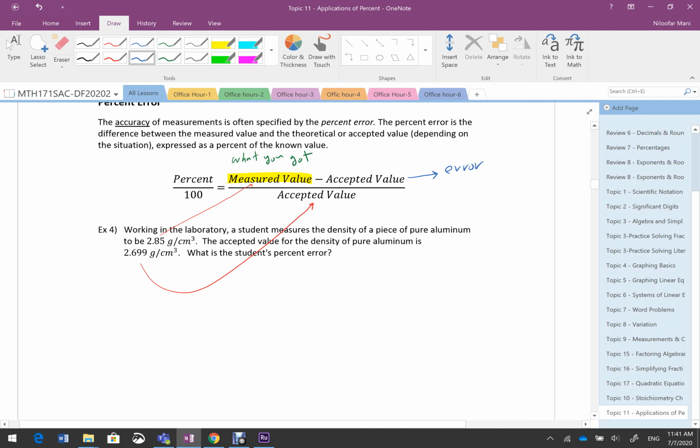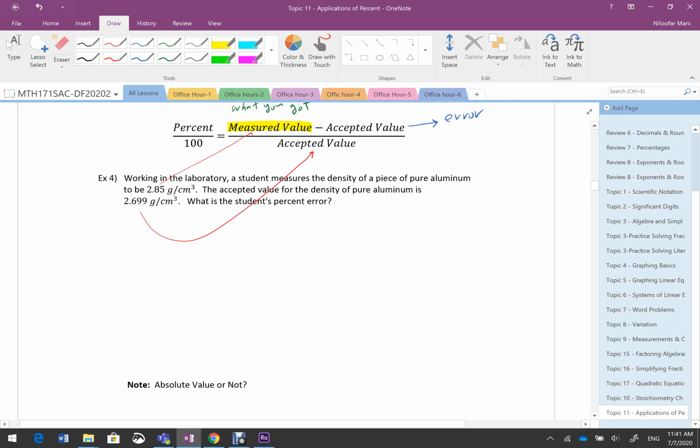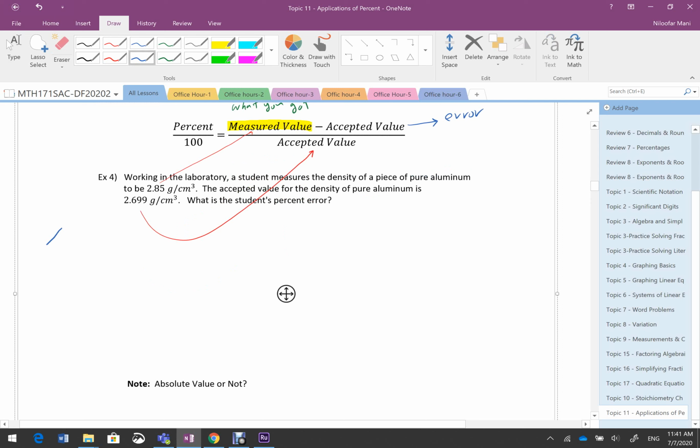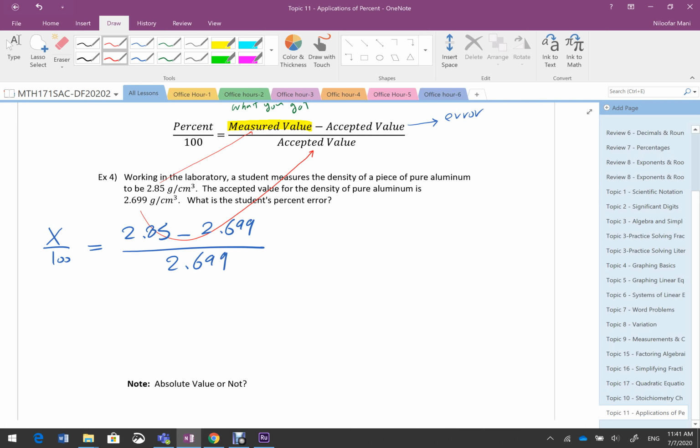Okay, so here the answer is x over 100 equals 2.85, which is what they find, minus 2.699, divided by 2.699. Because both of them are gram per centimeter cube, I can just subtract.